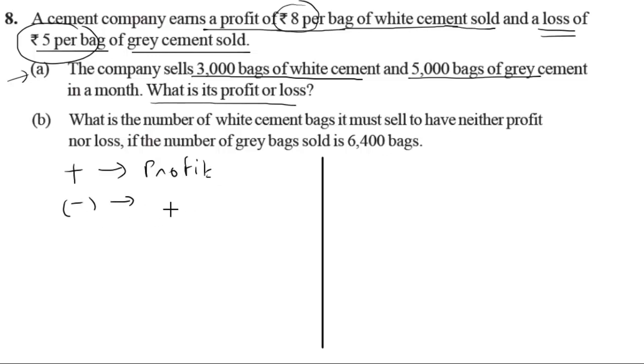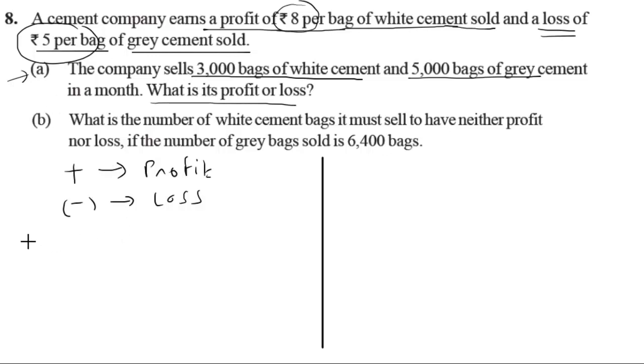So negative represents the loss. Using this convention, let us calculate the profit earned on the white cement bags sold. We are solving question A.